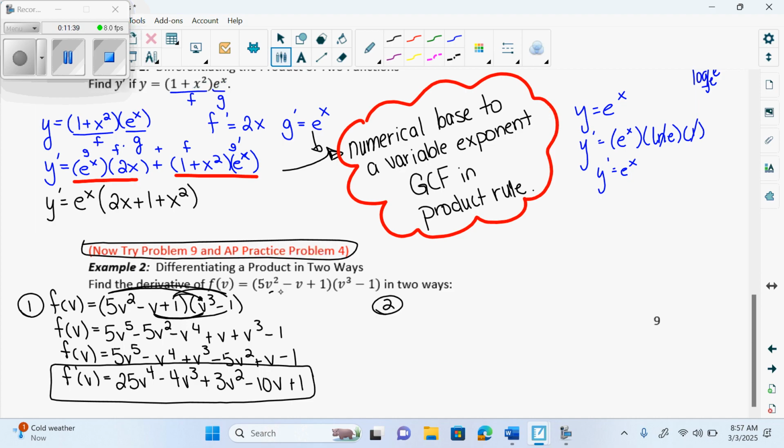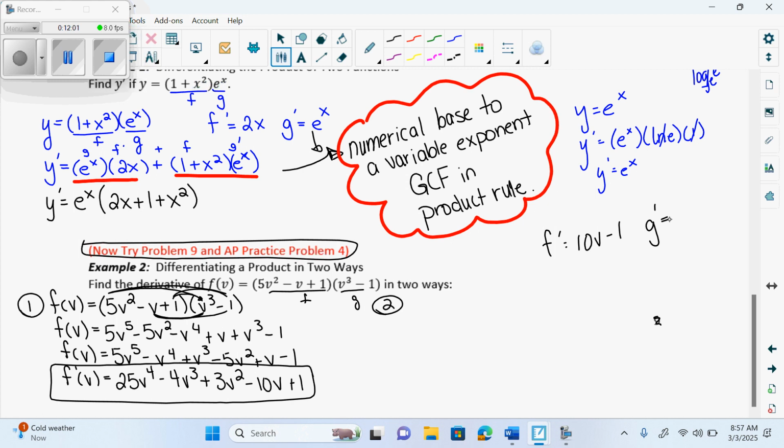So we have F, we have G. Just so you know, I'll never do those as a power rule. I'll always just do product because it's actually not that bad. So F prime is what? 10b minus 1. Guys?